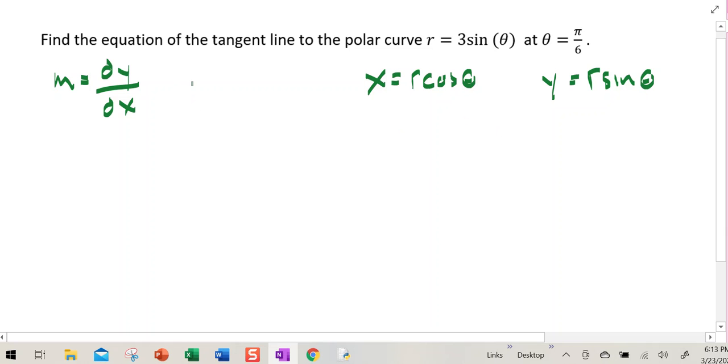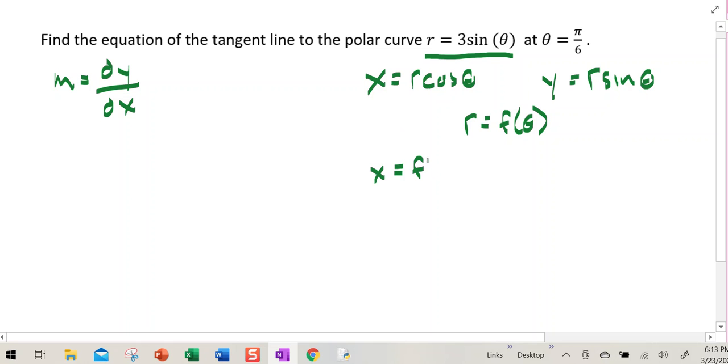Well, if we assume that r is a function of theta, which it is because r is equal to 3 sine of theta, r is a function of theta. So let's substitute that in for our equation for x.